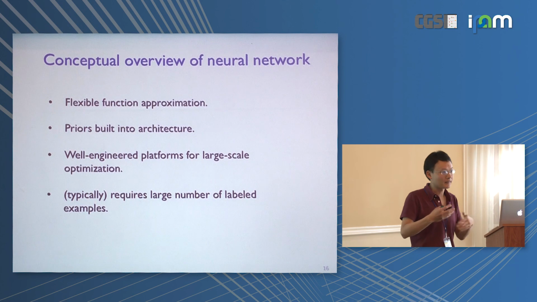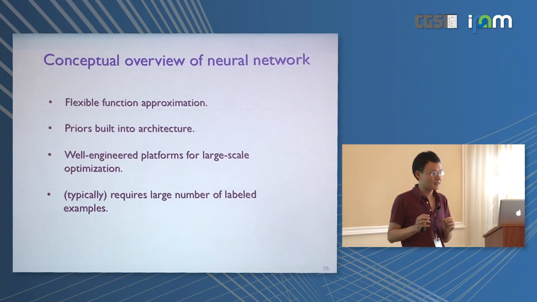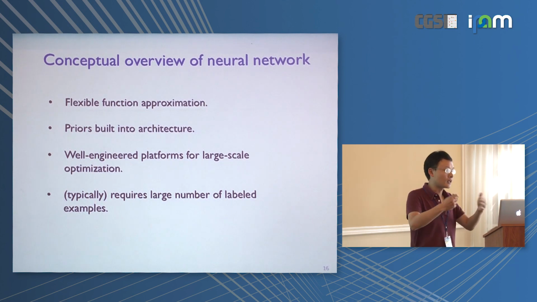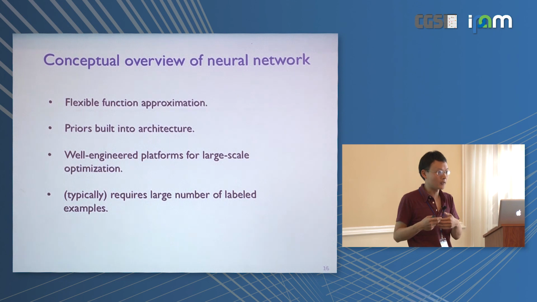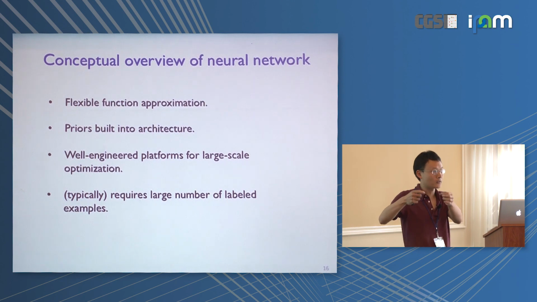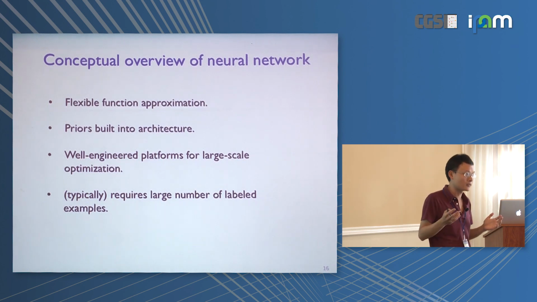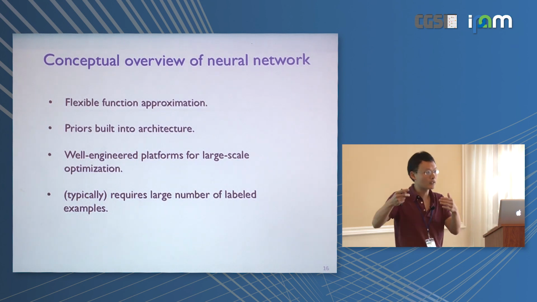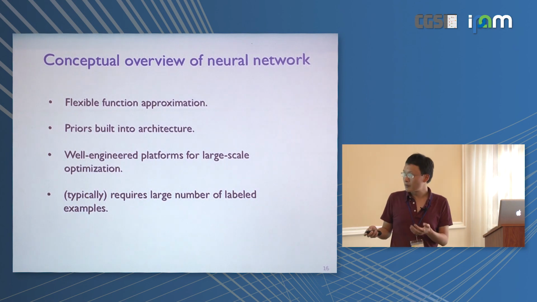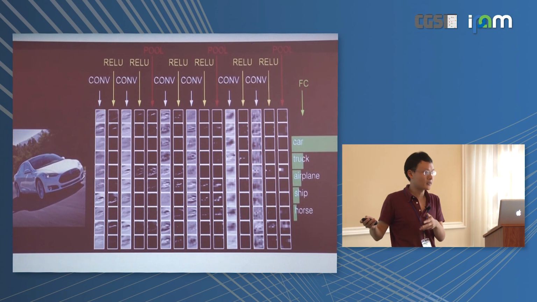Okay. So there's no magic here. You can't just put in garbage and then get out some nice results. In other kinds of machine learning, or in Bayesian methods, you have to put your prior information into the structure of the graphical model or into the priors. Here you still have to put in your domain knowledge, your priors, into how you build the architecture of the network. So in that sense, it's not fundamentally different from other statistical machine learning models. So in particular here, where did we put in the prior knowledge?